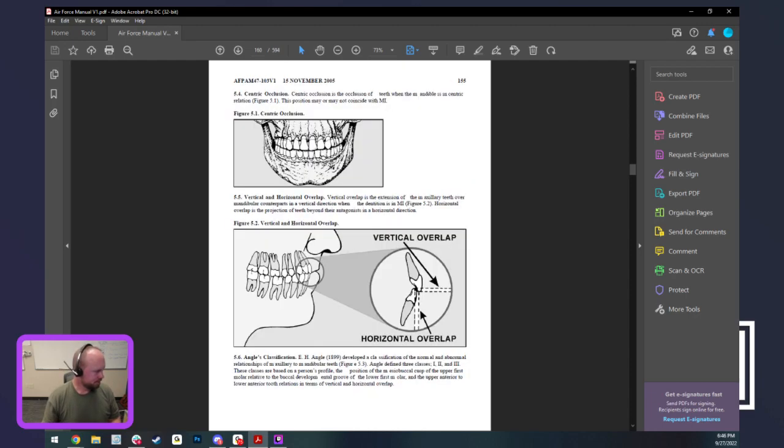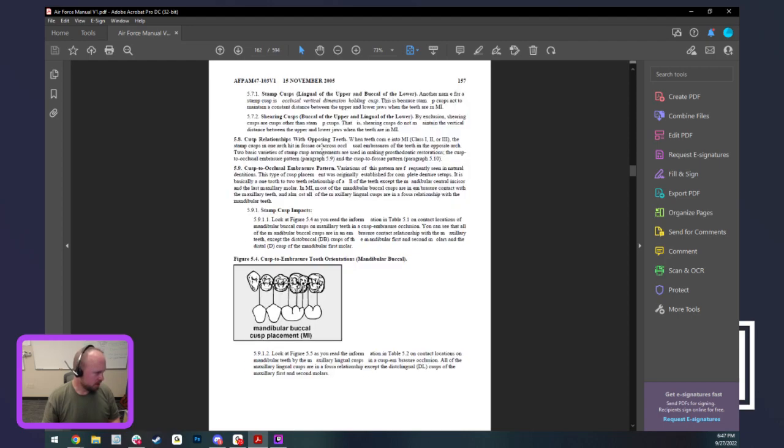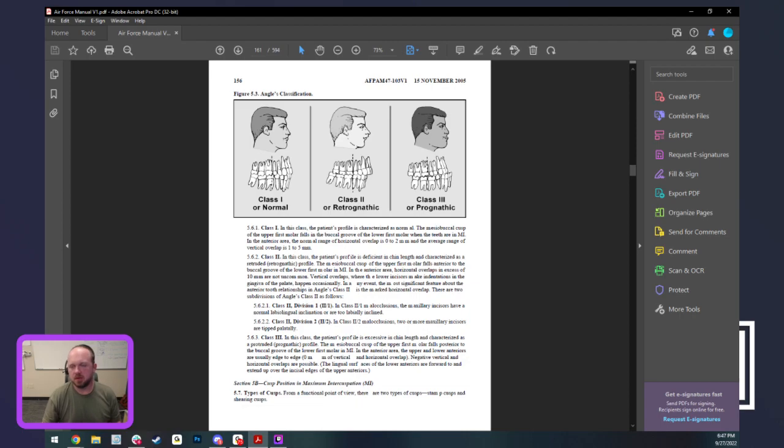Centric occlusion, you can see, is just where the condyles are set. And this is not a malocclusion. Malocclusion is broader in scope than just the class of occlusion. So, malocclusion.